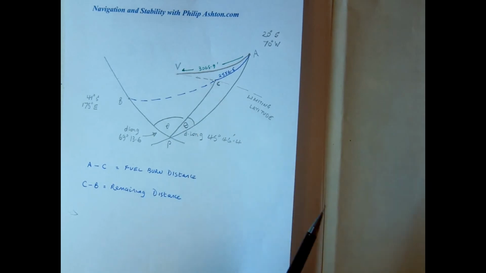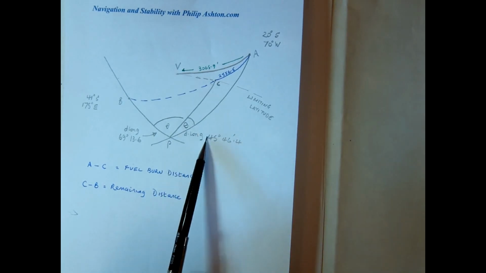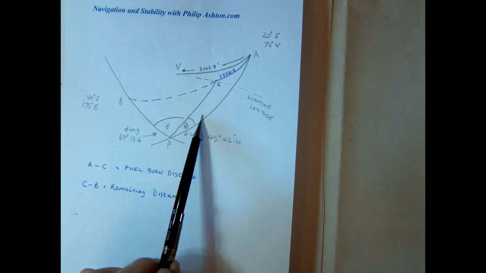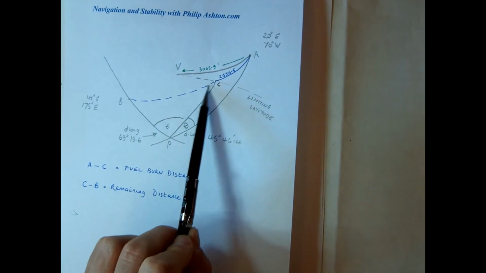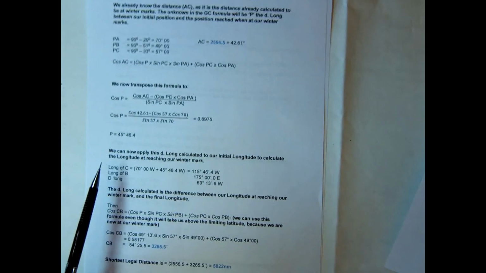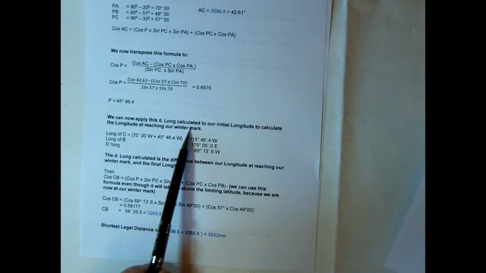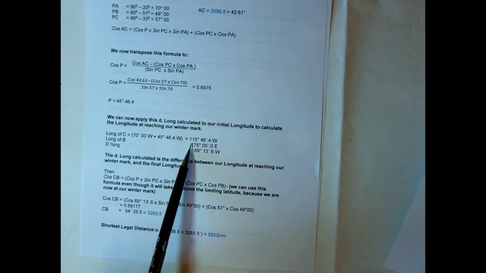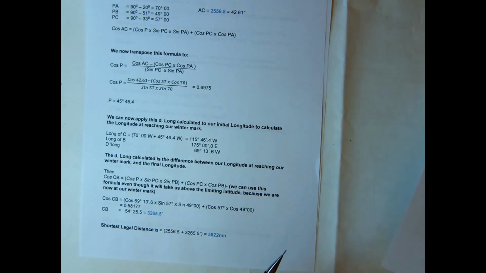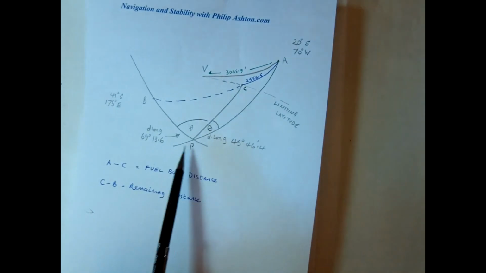Now we can subtract that from the total d long, and that will give us the remaining d long to use to solve C to B. So I've put here, we can now apply this d long to our initial longitude to calculate the longitude at reaching the winter mark, then take it from our final longitude, and we find that the d long remaining is 69 degrees 13.6, which I've indicated there.